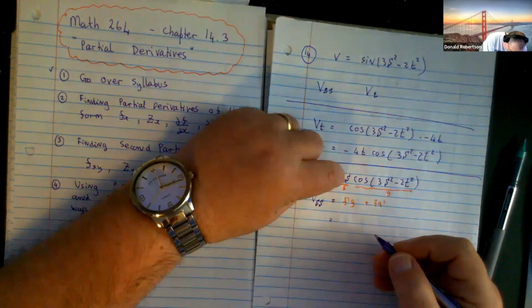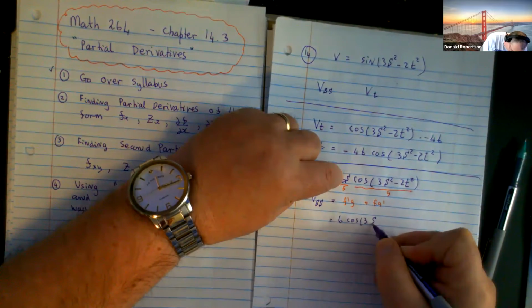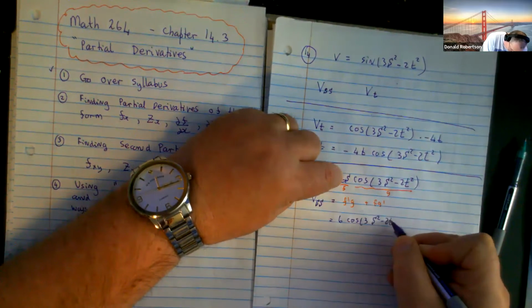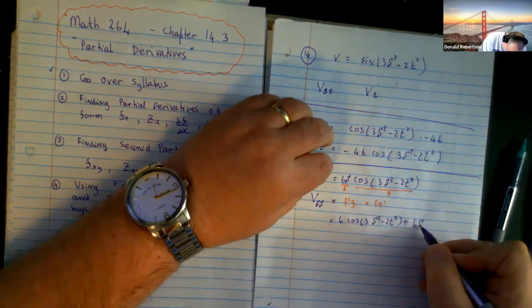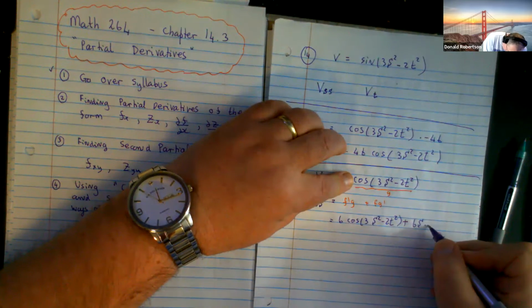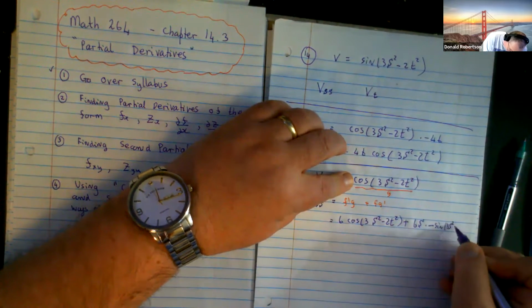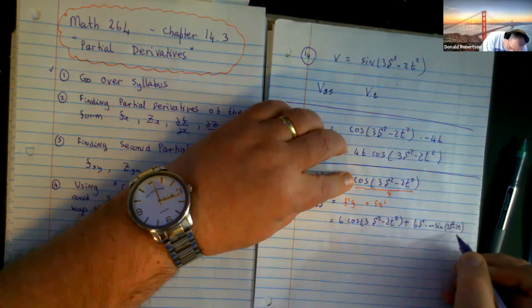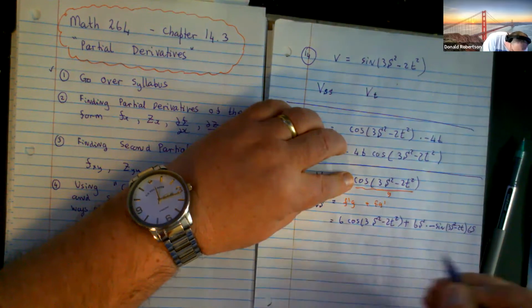With respect to s, that gets you 6. Leave the other guy alone. Plus, leave the s alone, and then differentiate this guy. Well, that's going to get me negative the sine of 3s squared take away 2t squared, times the derivative of the inside function, which is another 6s.